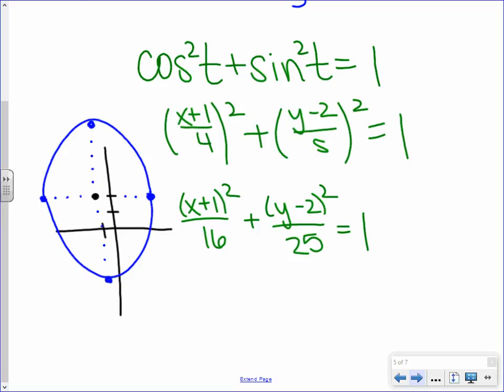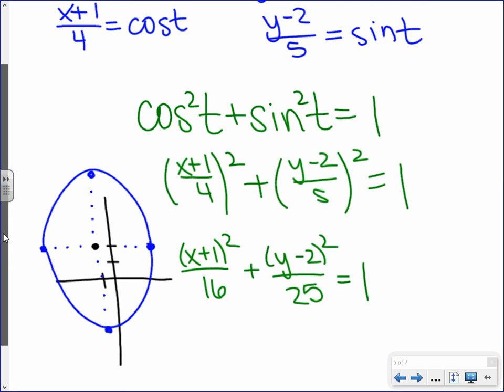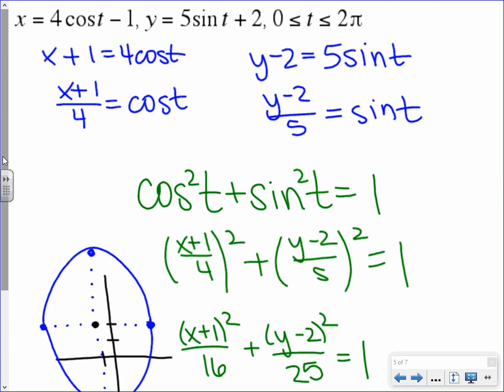Okay, so now we need to know what direction to go. So let's go back up to our parametric version. If we plug in 0, what would be our x coordinate? 3. Okay, and if we plug in 0, what's our y coordinate? 2. So this is when t equals 0. How about when t equals pi over 2? What is our x coordinate? -1.